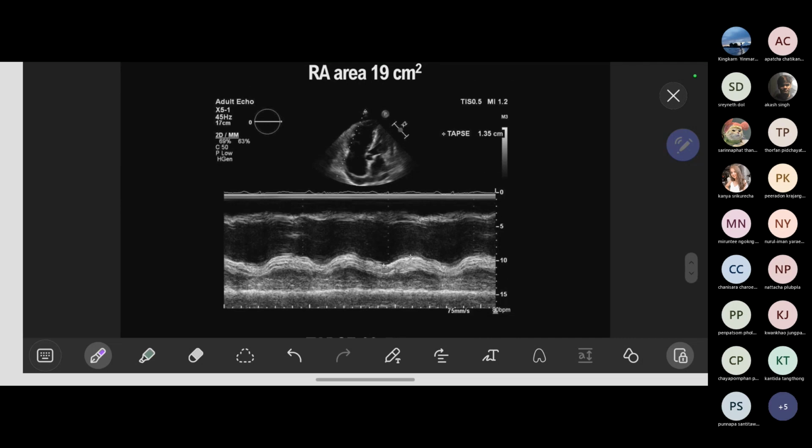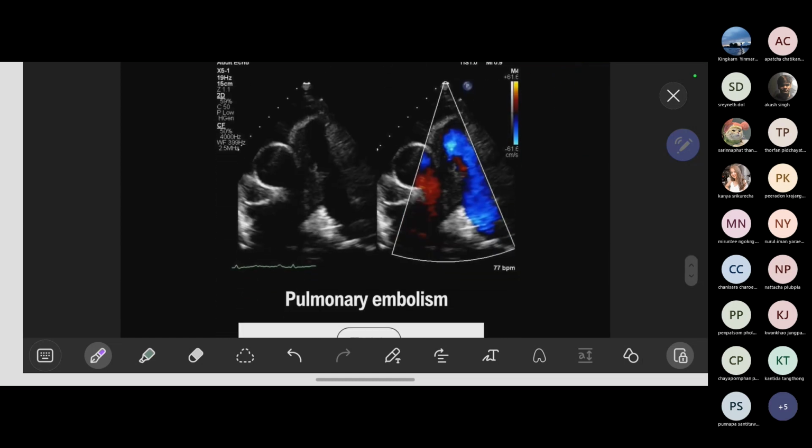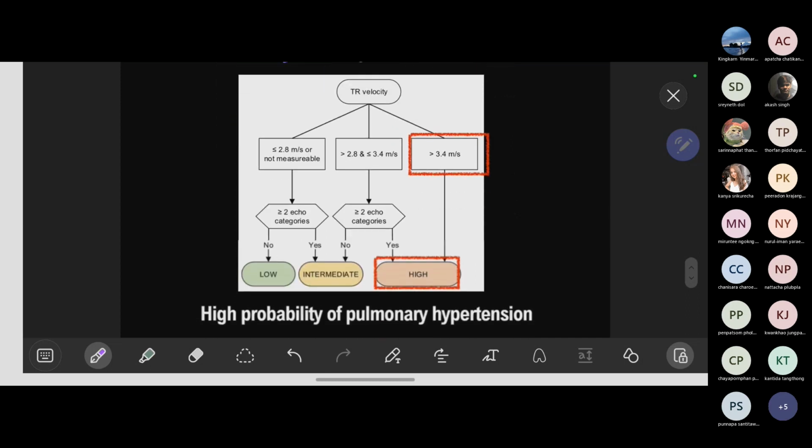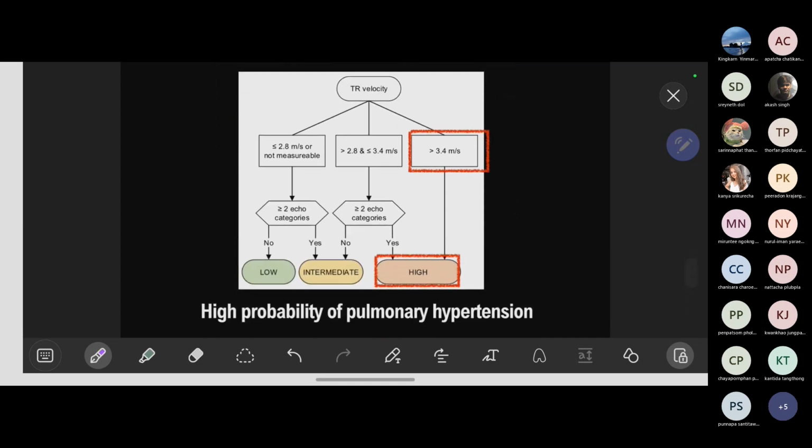Tricuspid TAPSE is 1.35, indicating RV systolic dysfunction. This is a patient with pulmonary embolism. To summarize, this patient has high probability of pulmonary hypertension.